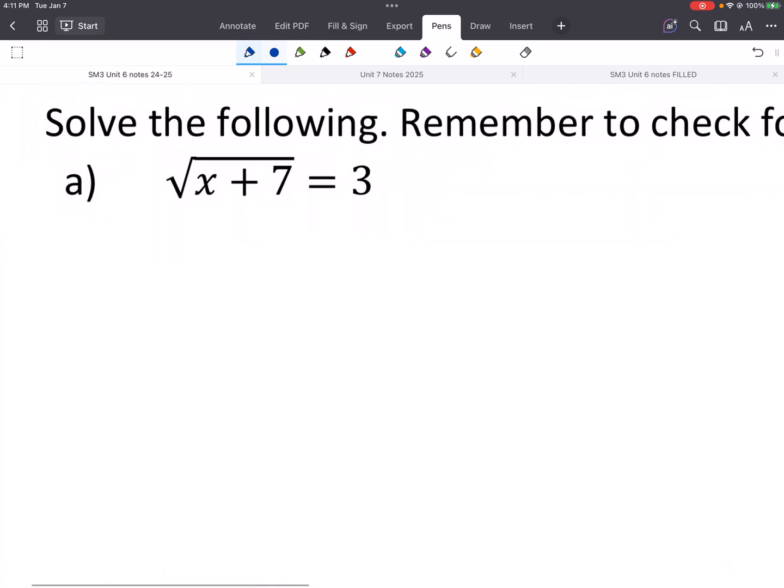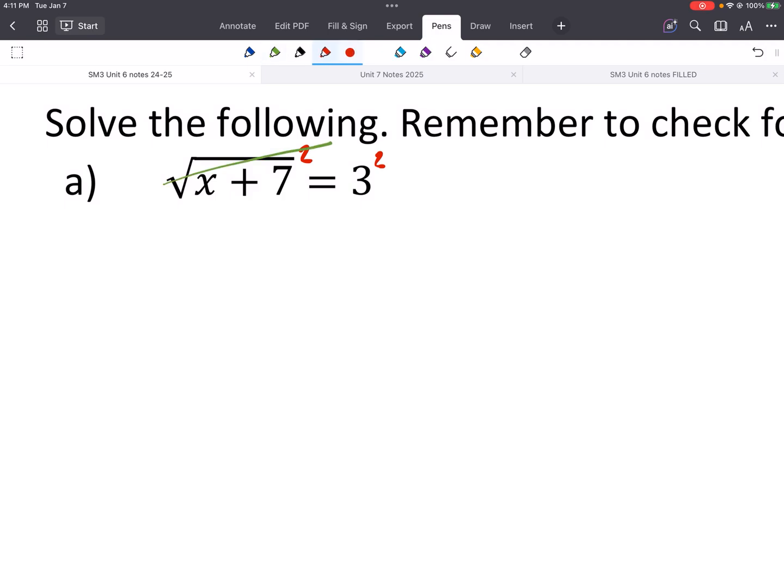So here's this first example. We already have the square root all by itself, so we can't do any adding or subtracting or multiplying and dividing until we get rid of that exponent. So we will square both sides. That will cancel the square and the square root.